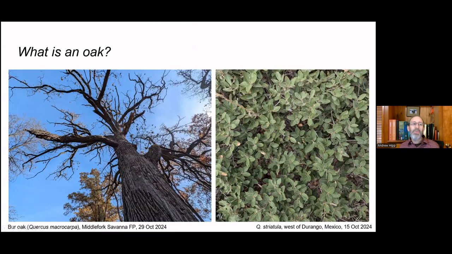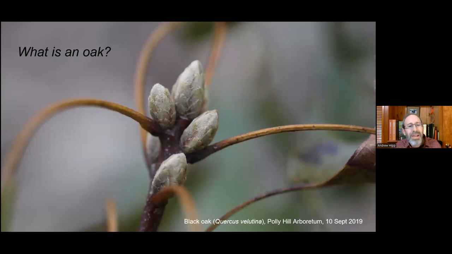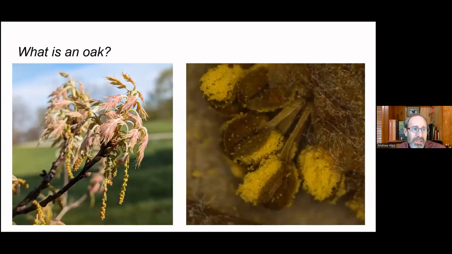And it's easy to say what an oak tree is if we think of characteristics. Oaks are woody plants. We've got giant trees like bur oaks. We have shrubs that may be no more than ankle high, like this Quercus striatula, which I've seen in Durango and Tamaulipas. They have clustered end buds, like these black oak, Quercus velutina end buds, where the buds of the new twigs are clustered at the end, very typical in oaks.